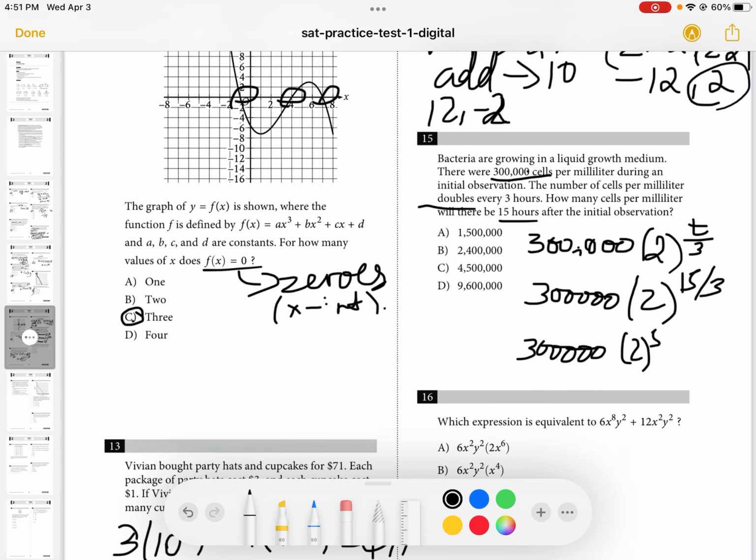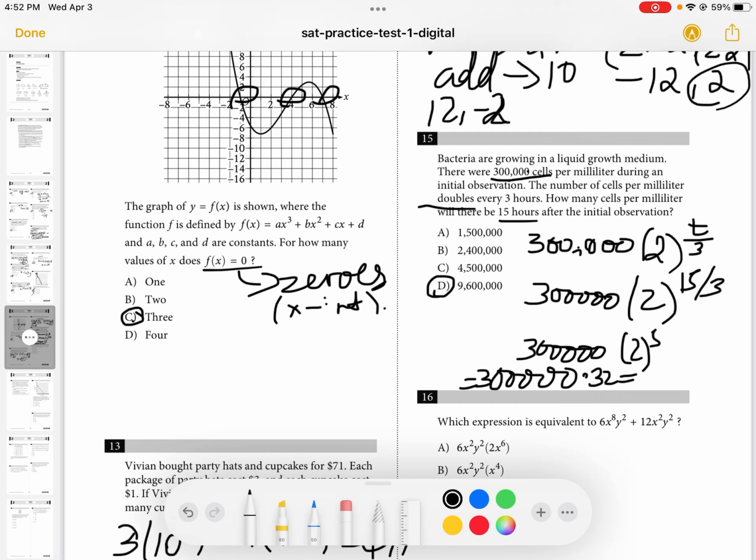That's equal to 300,000 times 32. So 300,000 times 32 is equal to 9,600,000.